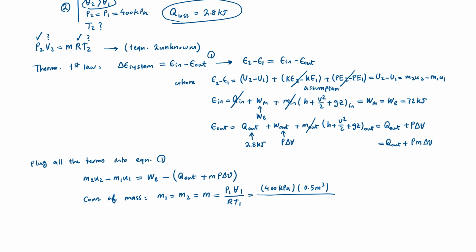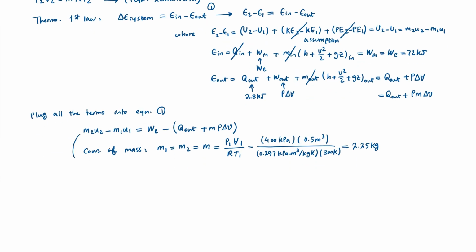It is 0.297 kilopascal meter cubed per kilogram Kelvin, and T1 is given. It is in degrees C. I have to convert it to Kelvin. It has to be absolute temperature, 300 Kelvin. So mass will be equal to 2.25 kilogram.